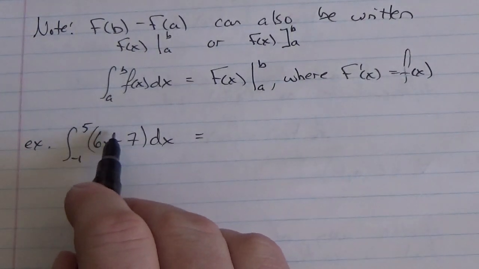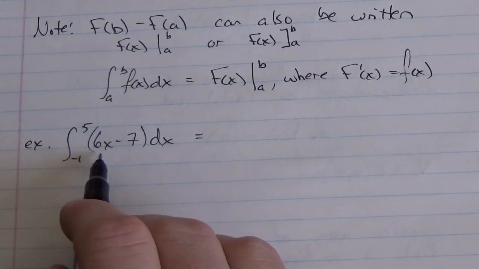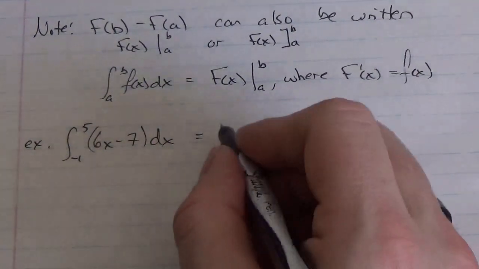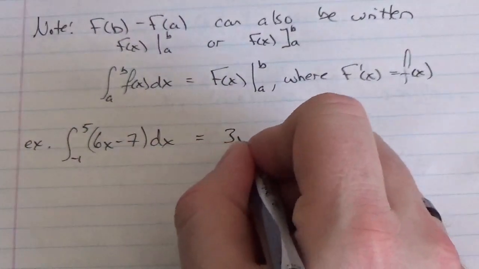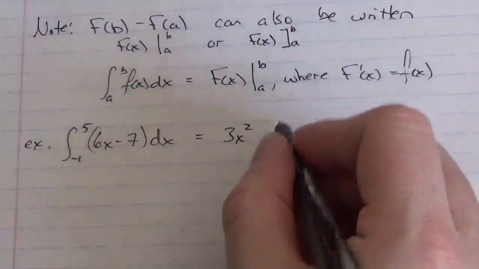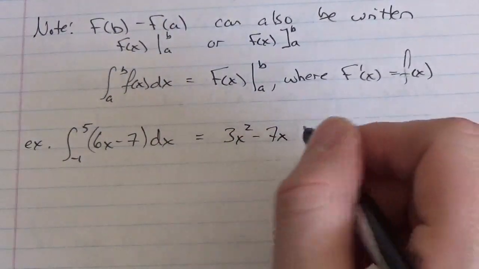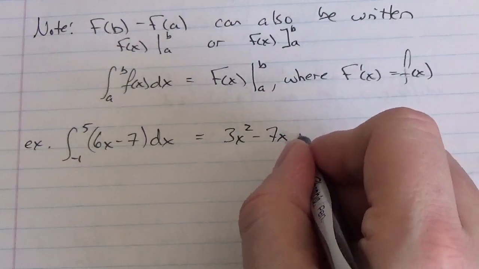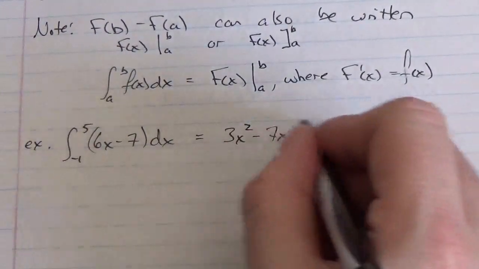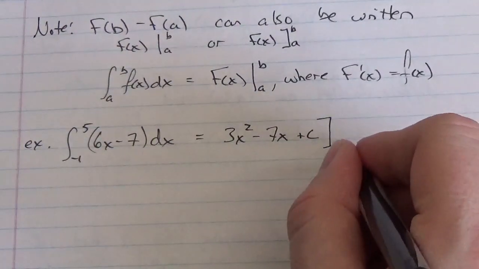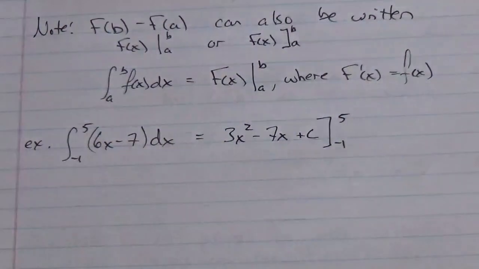Well, I'm going to increase the exponent by 1, divide by the new exponent. So that's going to be 6x squared over 2, or 3x squared. The antiderivative of 7 is just going to be 7x. And remember, there's going to be this arbitrary constant in there. And we're going to evaluate that between -1 and 5. It's just as straightforward as that.